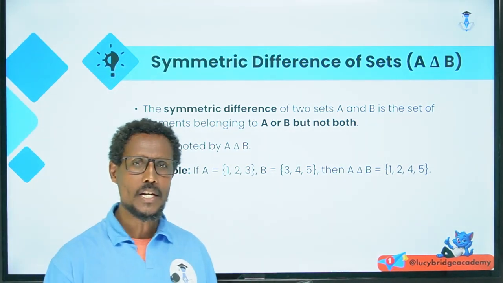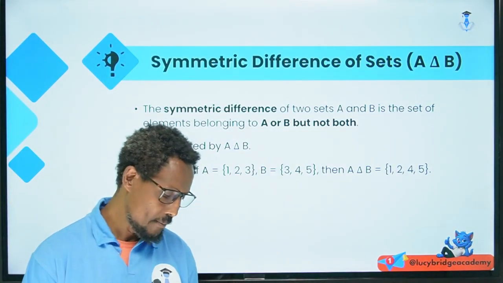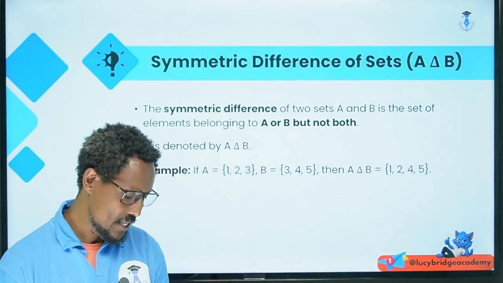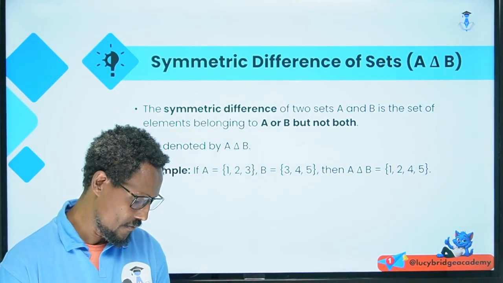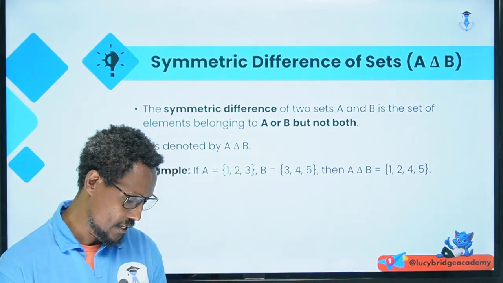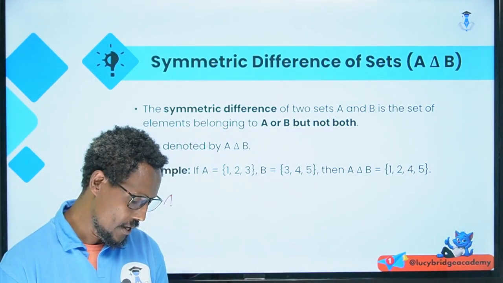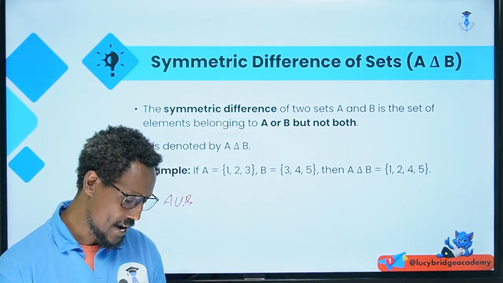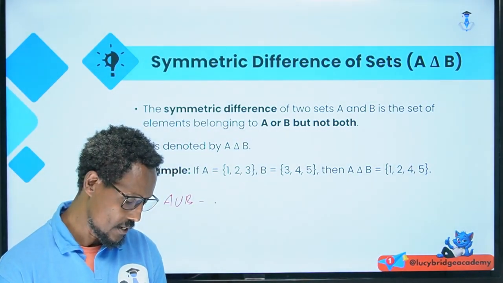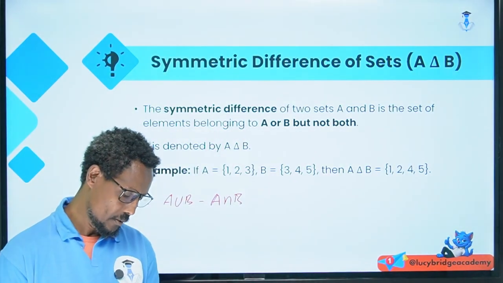Either only in A or only in B. That means A symmetric difference B means A union B minus A intersection B. Is that clear? A union B minus A intersection B.